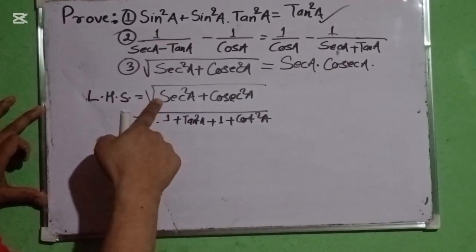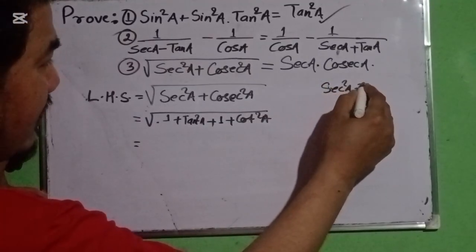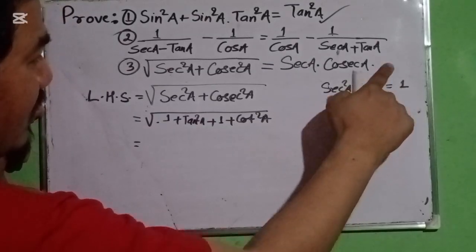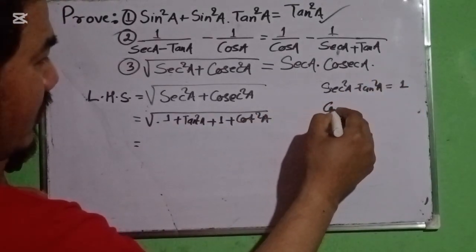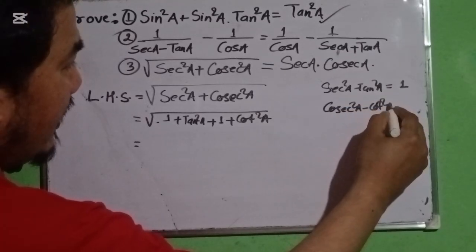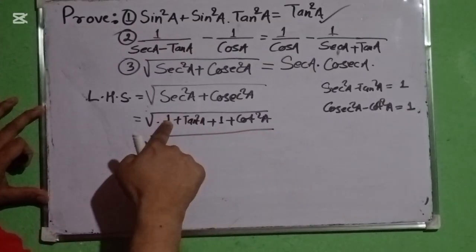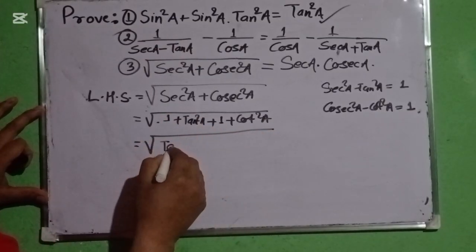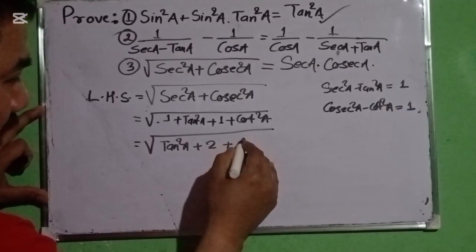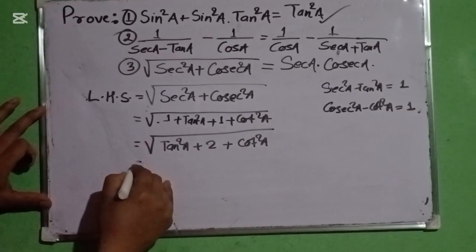This is the Pythagoras relation, as we have learned: sec square A minus tan square A equals 1, it means 1 plus tan square A, and similarly we know that cosec square A minus cot square A equals 1. Then we add this 1 and 1. Here will be tan square A plus 2 plus cot square A. Then what to do, children, look here.